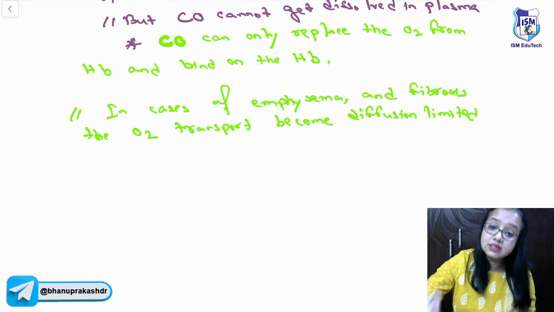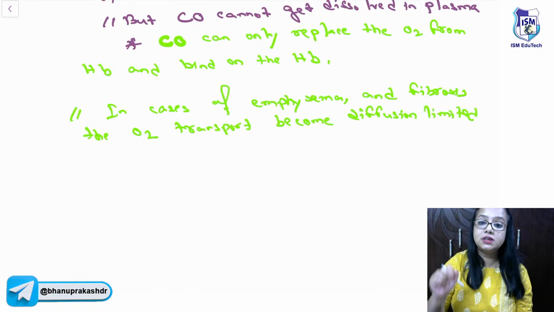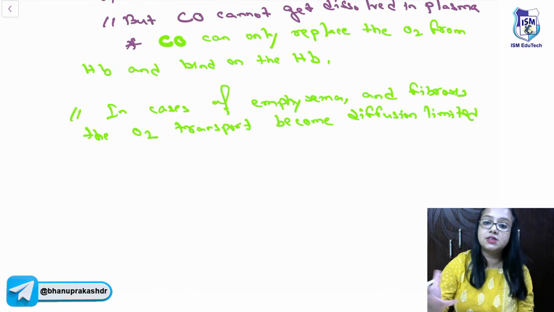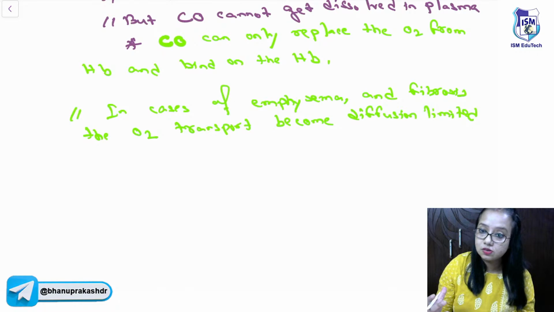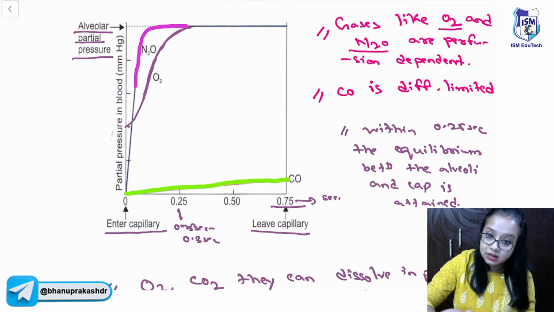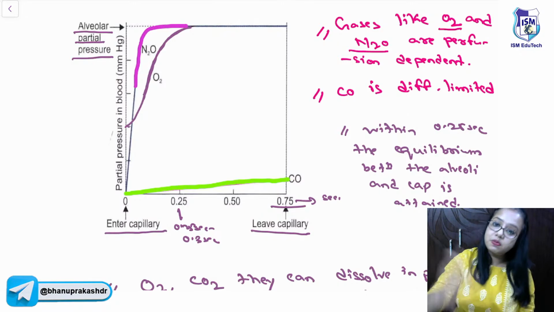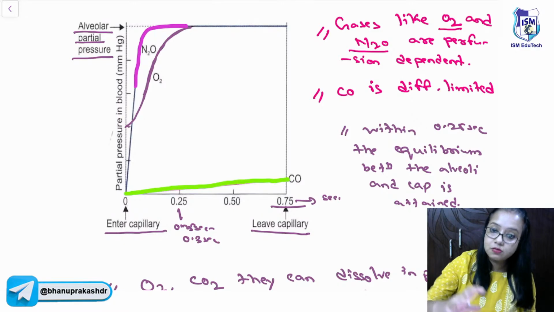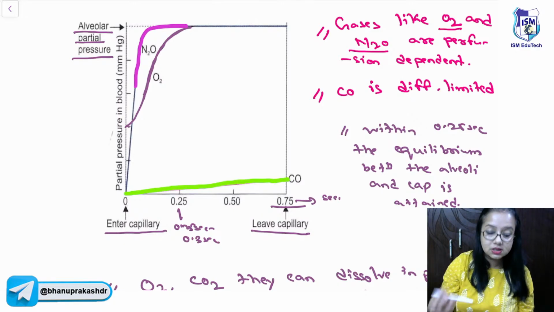When there is any defect of the respiratory membrane, like in emphysema, the surface area becomes small. In fibrosis of the lung, the membrane thickness becomes more because of the scarring. In those cases, the equilibrium attained between the capillary oxygen and the alveolar oxygen becomes independent of perfusion, because even if the blood flow is normal, due to fibrosis and emphysema, proper exchange cannot take place because the membrane itself is defective.